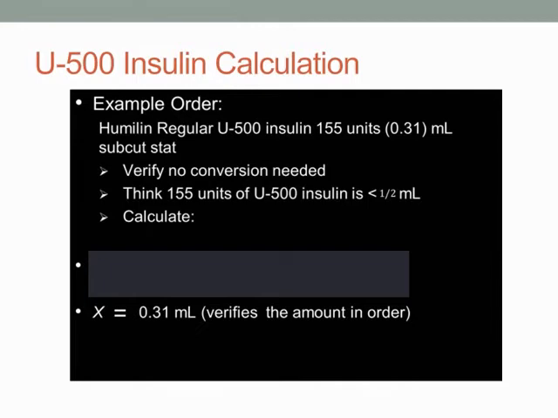So you'll have to use your formula that you use to calculate a dose, desired over have, to find out how much you would actually administer in the syringe. And the answer is given to us here: when you do the conversion, you have to give 0.31 mLs to the patient, which would then represent 155 units of insulin.